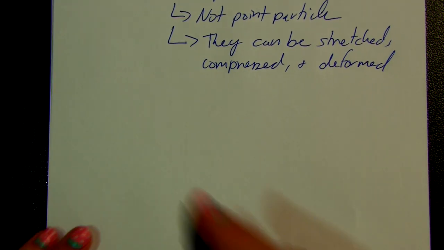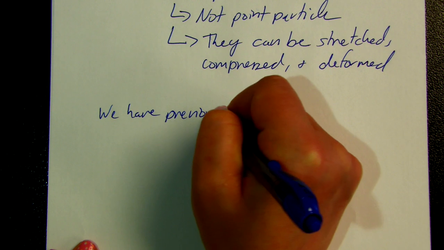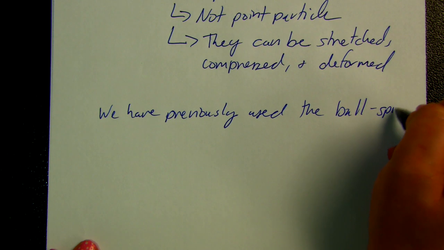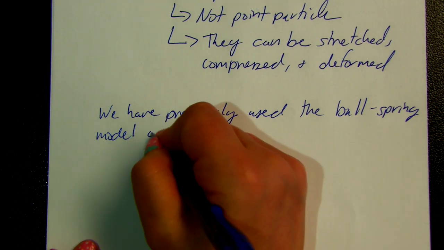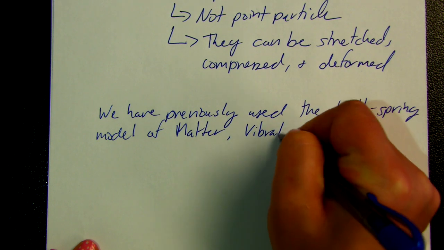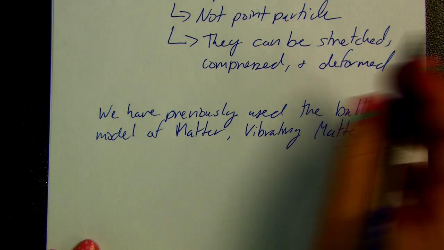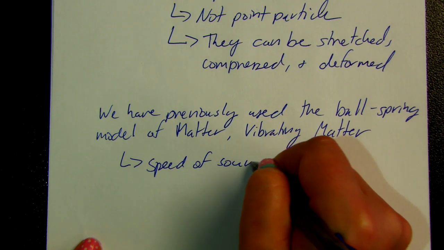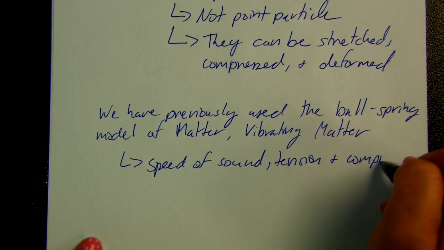We have previously used the ball-spring model of matter. So think vibrating matter. It's a pretty accurate thought model. We use this to do things like speed of sound, tension, and compression forces.